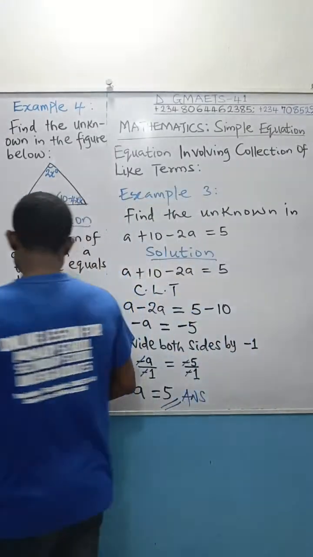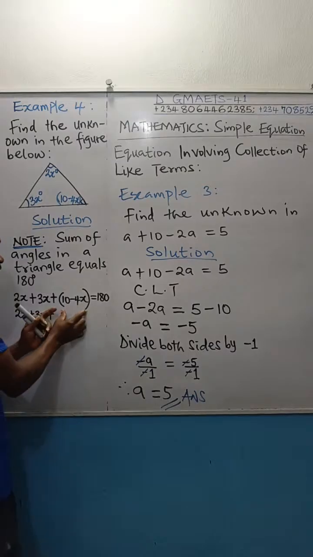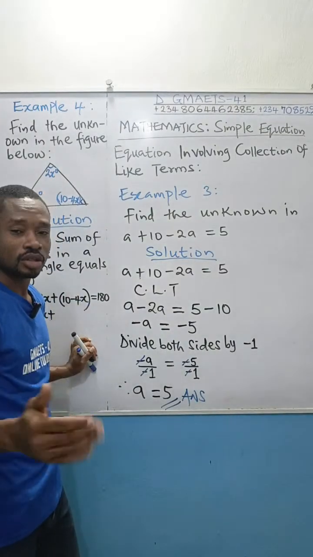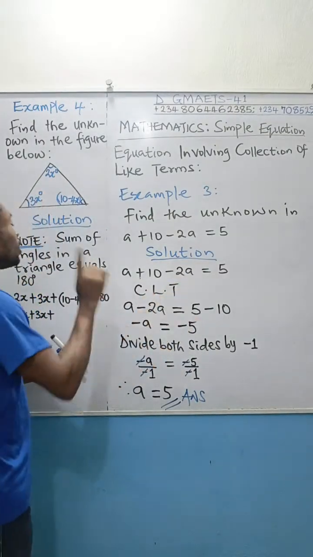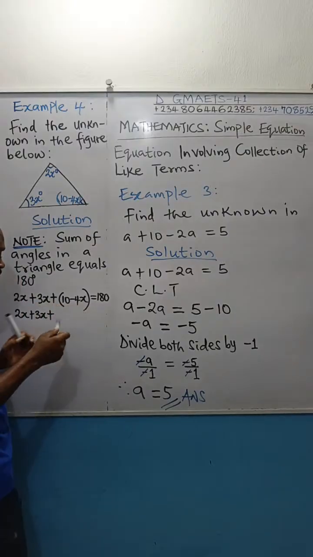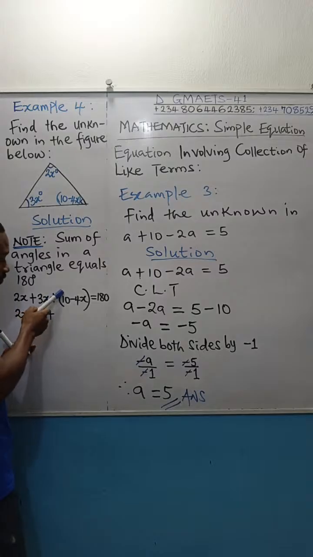Let's go. This is 2x plus 3x plus, see this bracket, you have to open it. And how do you open a bracket? Don't worry, I'm going to teach you expansion, but gradually. For this one, just after this plus, before the bracket, there is no number there.